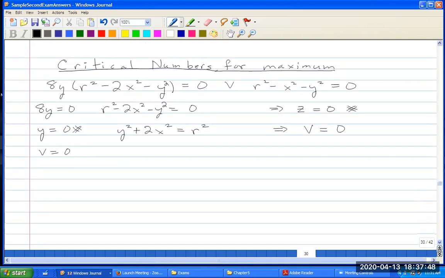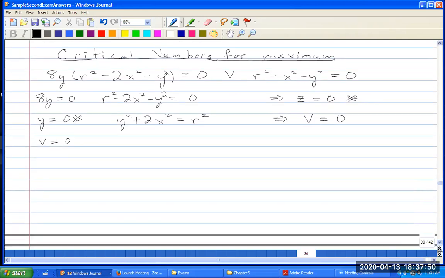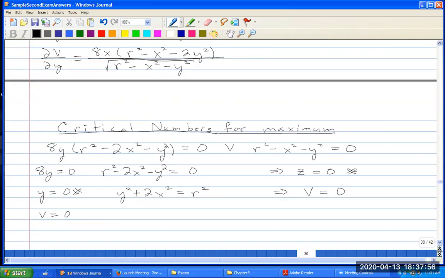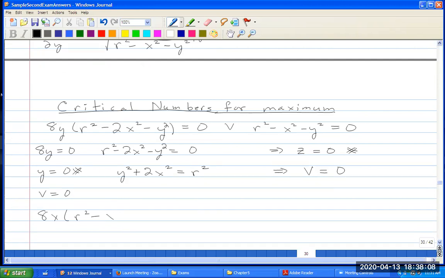Okay, so let's try to find the other conditions for this. So I also have that the partial with respect to y, so 8x times (r squared minus x squared minus 2y squared), is 0.